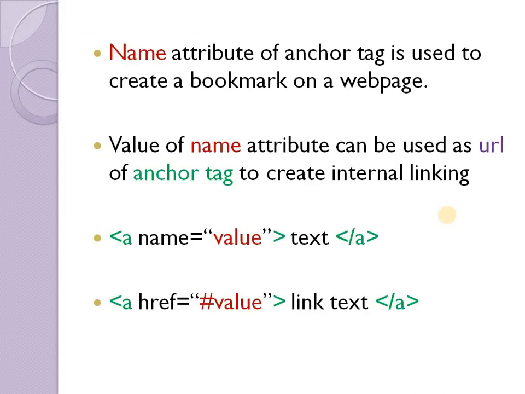Internal linking can be done with the help of the name attribute. The name attribute of the anchor tag is used to create a bookmark on a page. A bookmark gives us direct access. When you read your favorite book and suppose you are in the middle of the book and you have some interruption, what will you do?